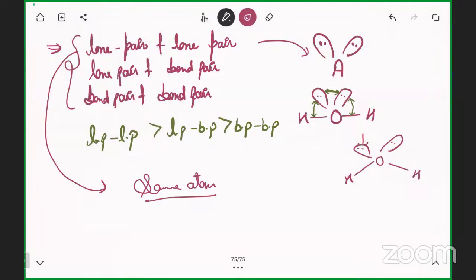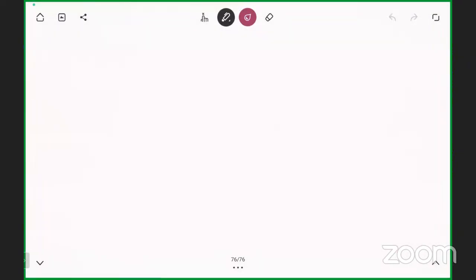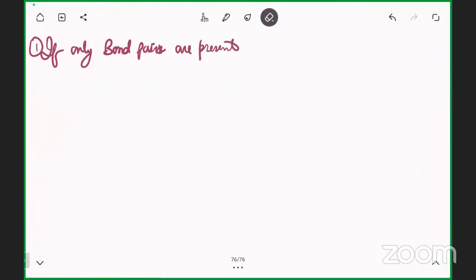Yes, sir. Okay. The next thing you have to remember is the first condition: if only bond pairs are present and no lone pair is present, the repulsion will be less, or you can say approximately negligible.